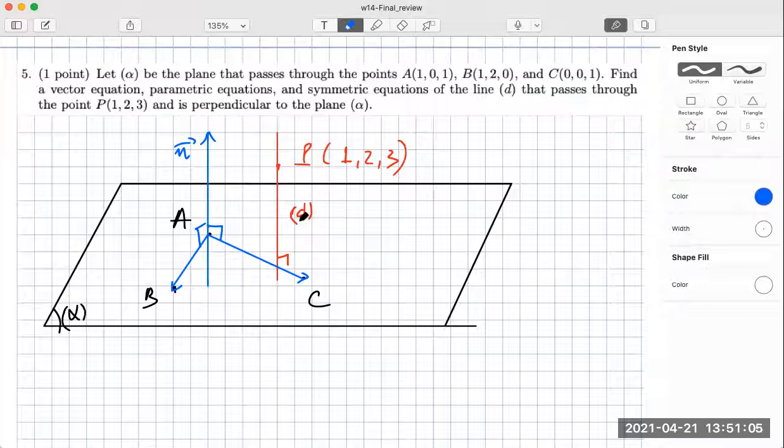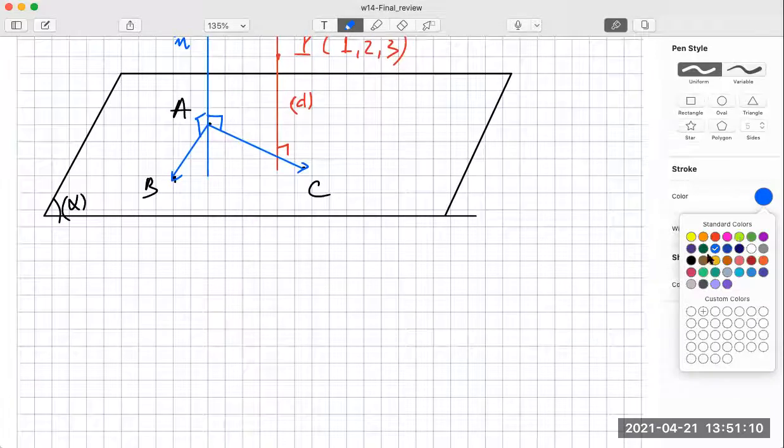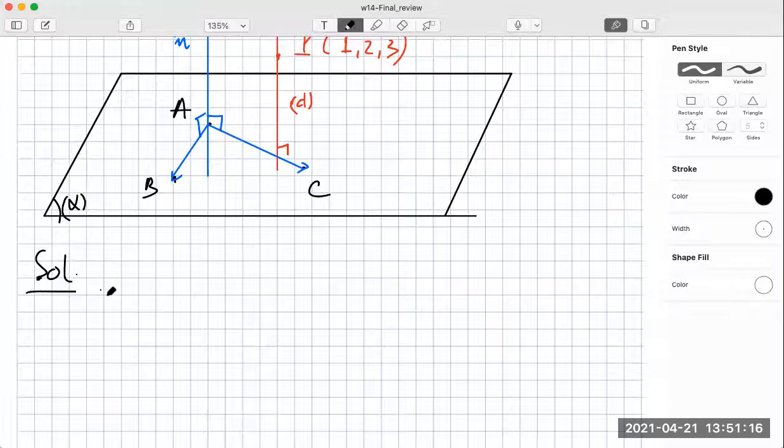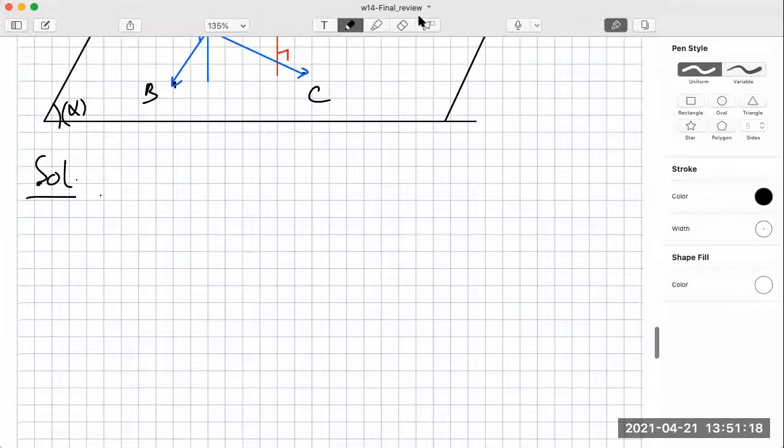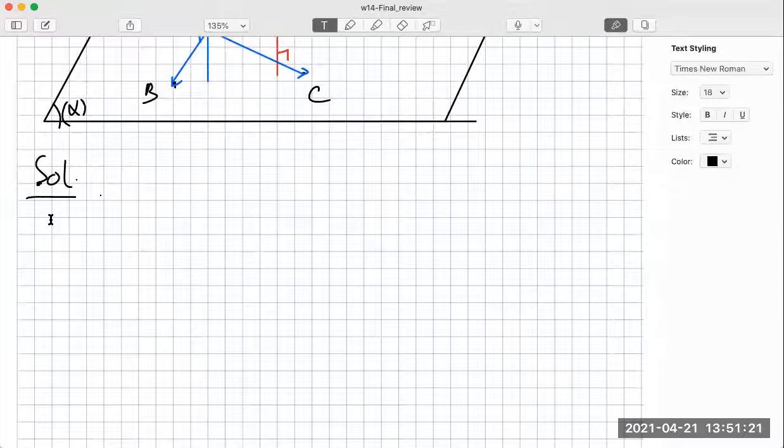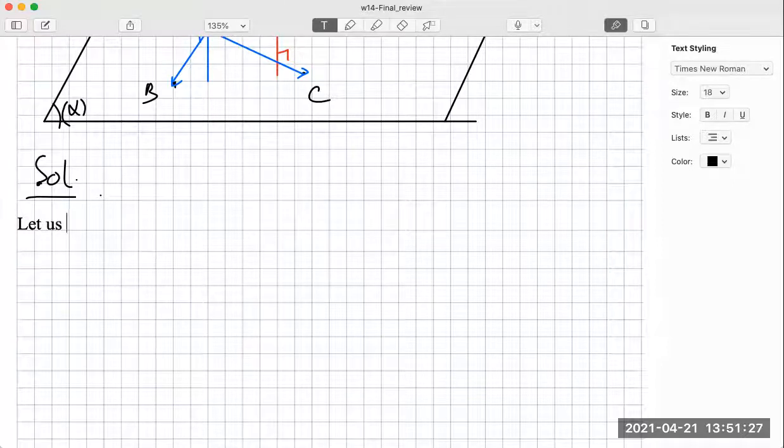Okay. Very good. Suppose we don't remember all the formulas. We will start with basic things. Now, let us find the plane alpha.